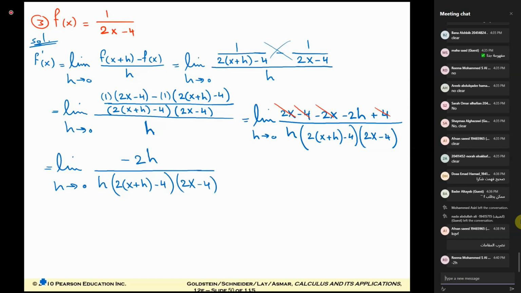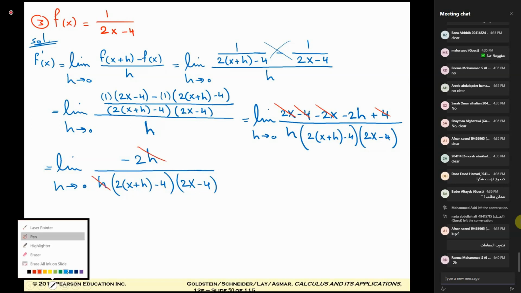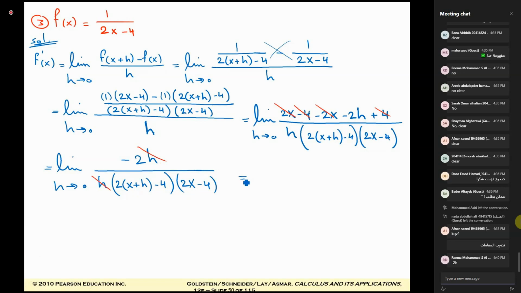Now we can remove h with h. After removing the h in the denominator, we have negative 2 in the numerator, and in the denominator we have these two brackets: 2x plus h minus 4 and 2x minus 4.